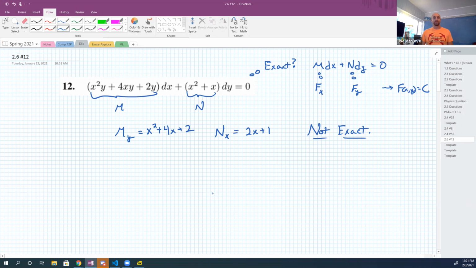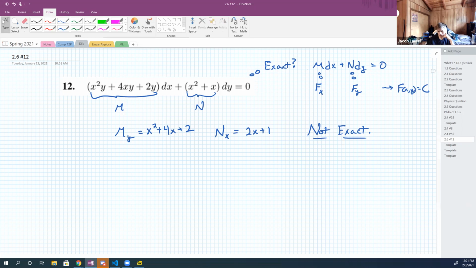Find an integrating factor. Okay. How do I find an integrating factor? Well, two ways. At least that's what the book taught us, mainly two ways. So I'm hoping that you're looking in the book at this theorem.